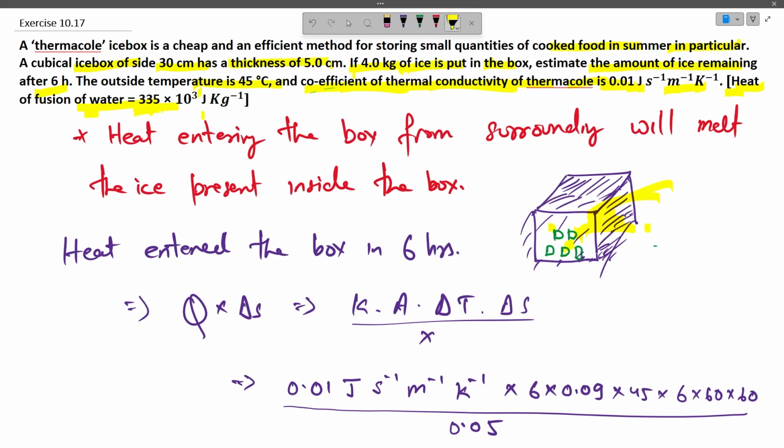Now if we calculate the amount of heat entered in the 6 hours, then we can find out the exact amount of ice that will melt to form water.